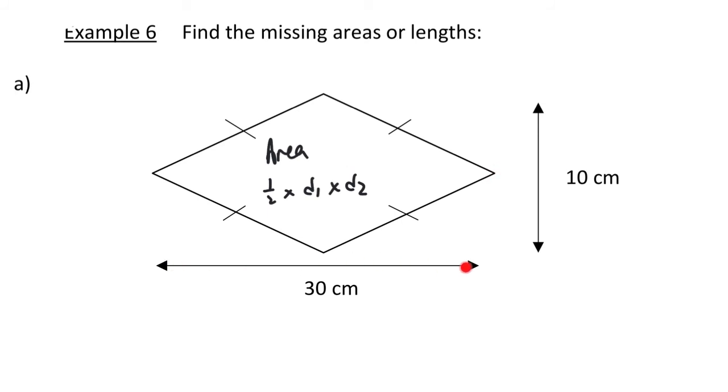So the first one is 30, and from opposite corner to the opposite corner, that's 10. So the 2 diagonals are 10 and 30. So the area is a half times 10 times 30, which is 150 squared centimetres.